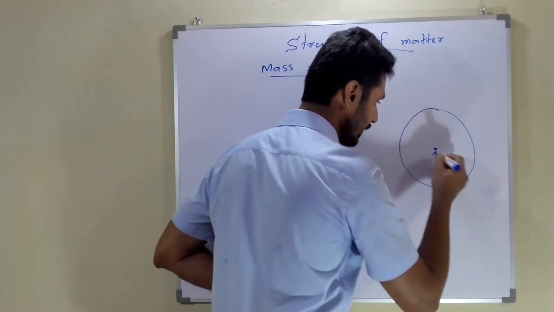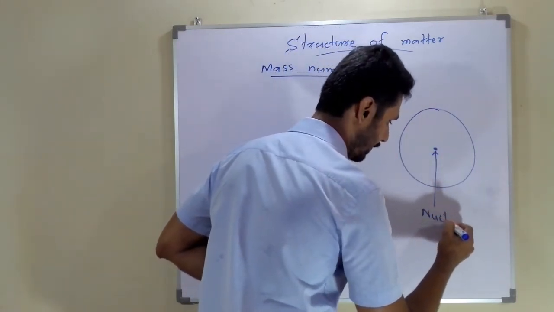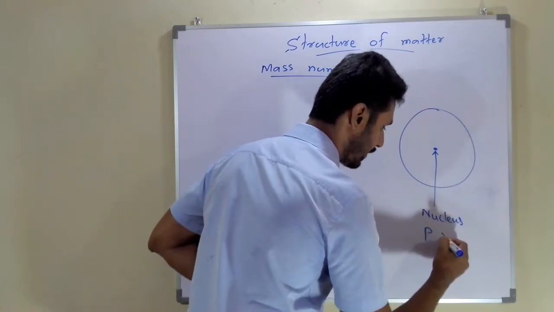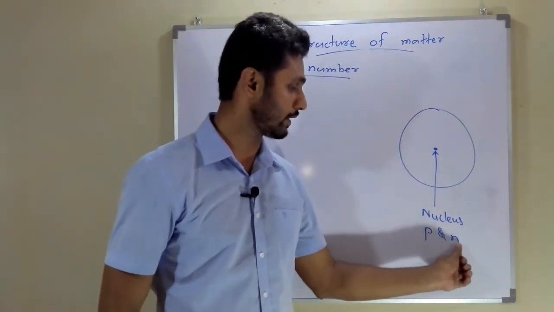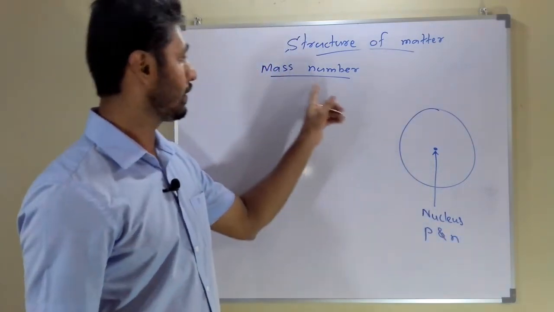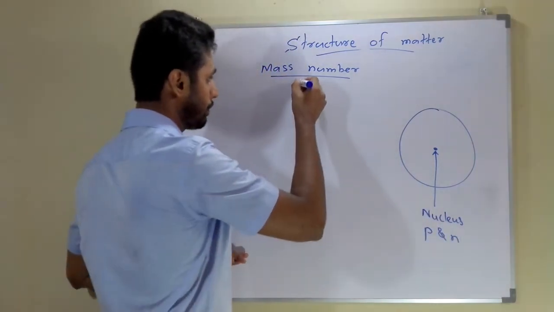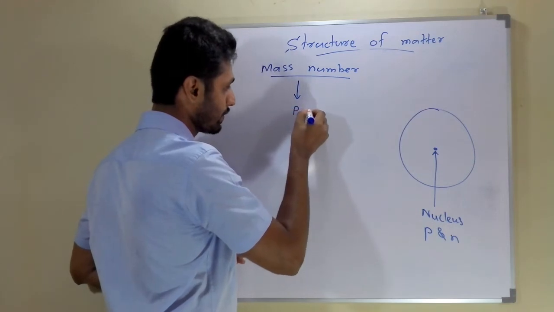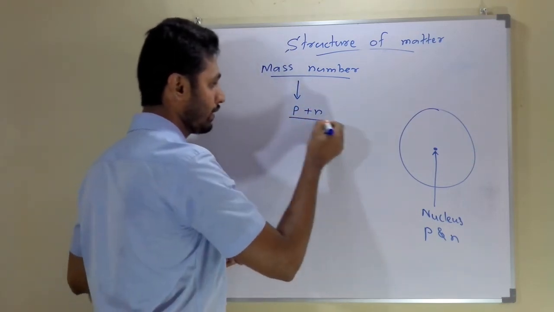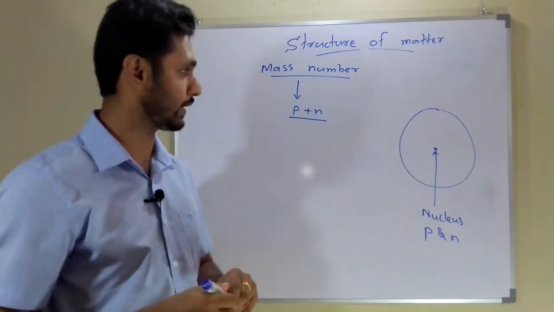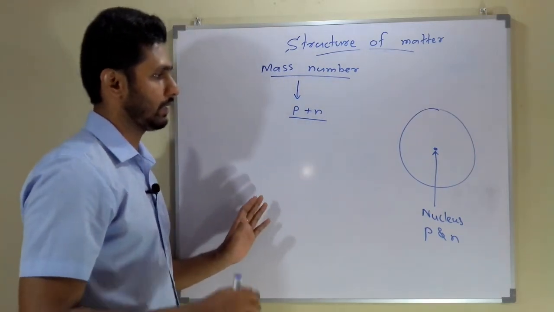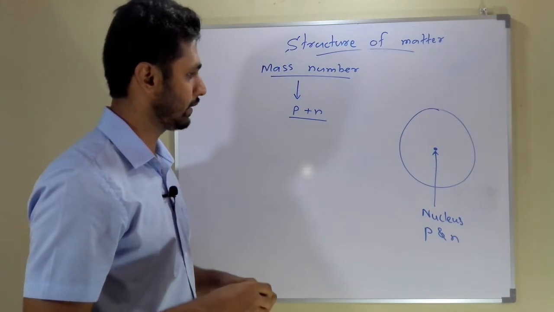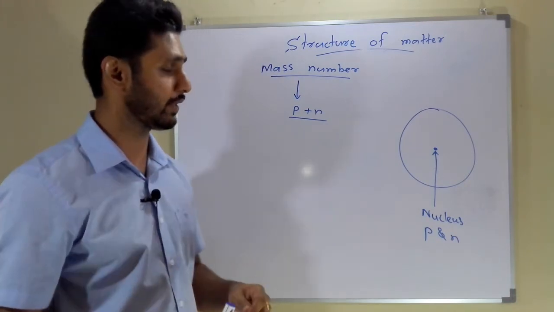This nucleus contains protons and neutrons. The collection of protons and neutrons is known as the mass number. So mass number is P plus N, the number of protons and number of neutrons altogether is known as the mass number. So it is a very simple topic.